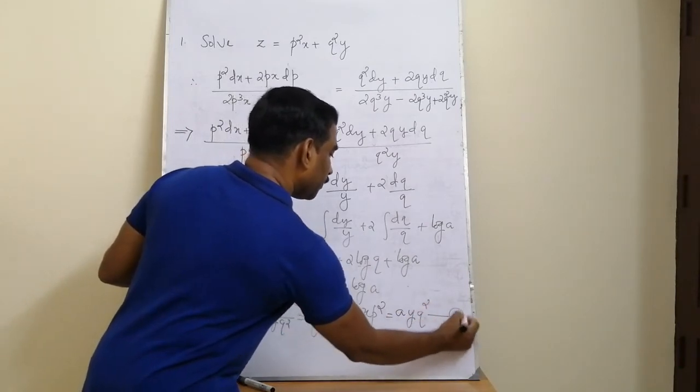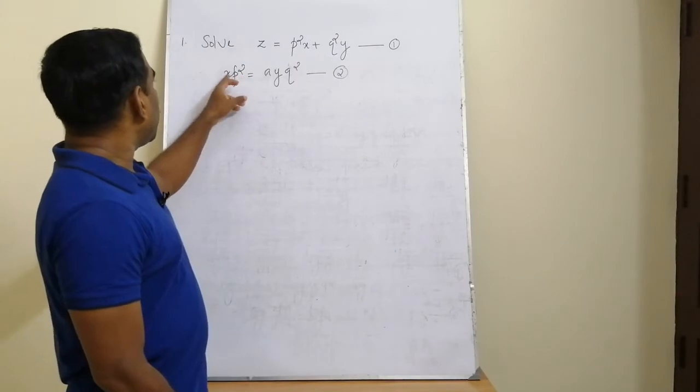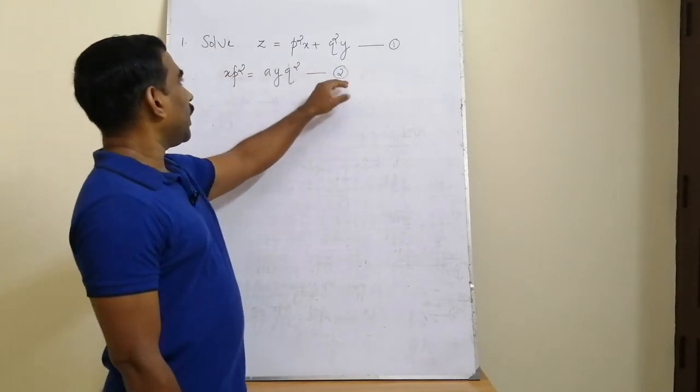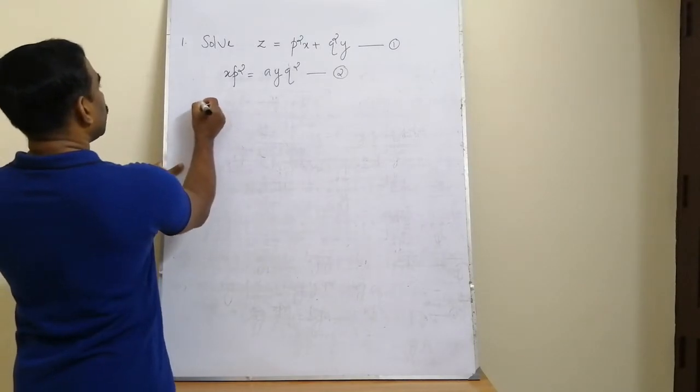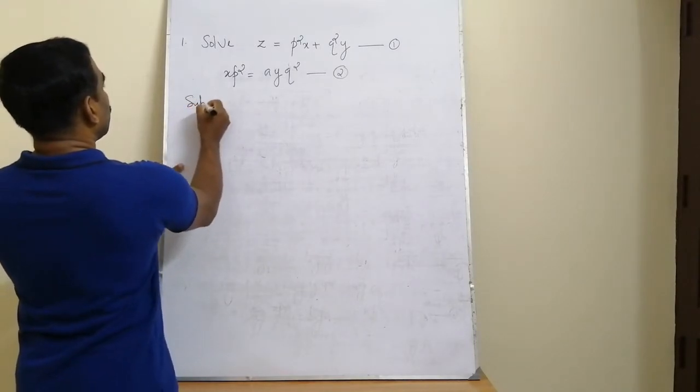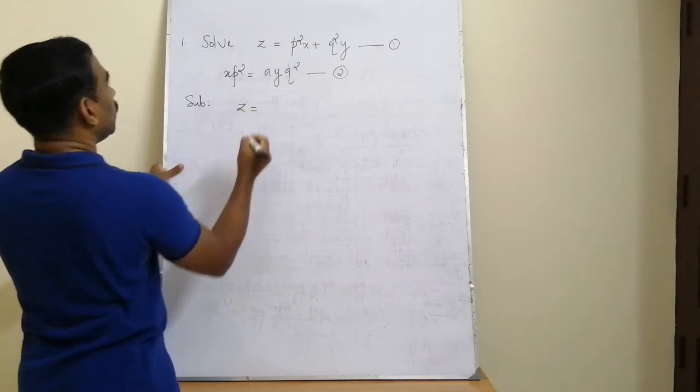Equation number 2. So we have the relation x p square is equal to a y q square. We can substitute this relation in equation number 1. That is, on substitution we get z is equal to x p square plus y q square.